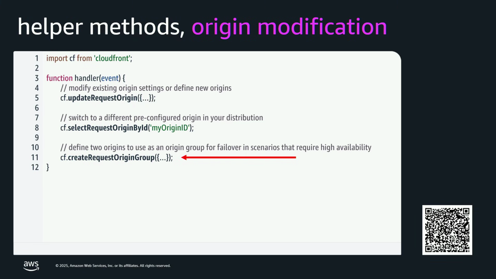Within the origin groups, you can define 2 different origins, and CloudFront will try to fetch the data from the first origin. If the origin fails to respond, for example giving HTTP 500 or 400, CloudFront will auto-retry to the second origin, and this is without your clients being aware of it. So this is like a native failover mechanism in CloudFront.